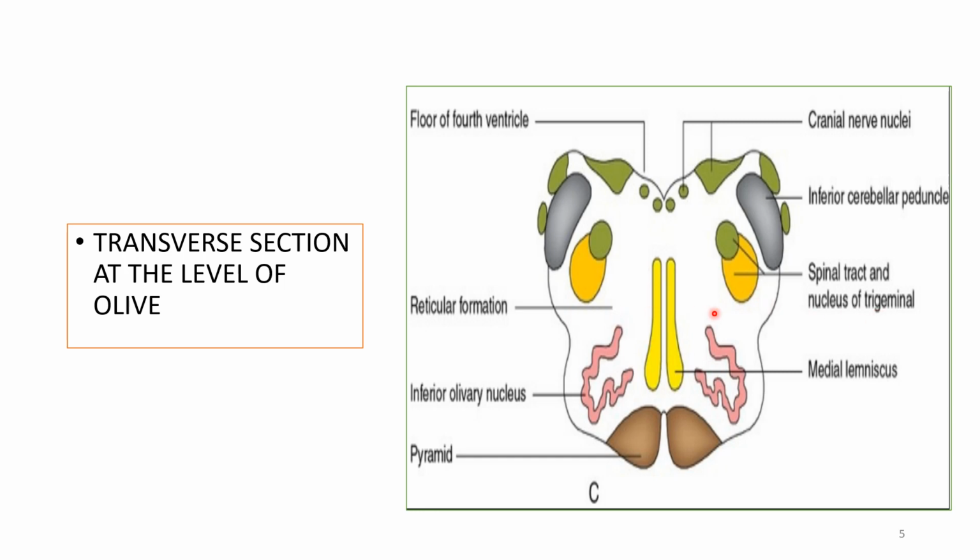This is the reticular formation. This is the inferior olivary nucleus. This is the medial lemniscus. This is the pyramid. Okay. So you can see the inferior olivary nucleus. A pair of inferior olivary nuclei at the level of olives.